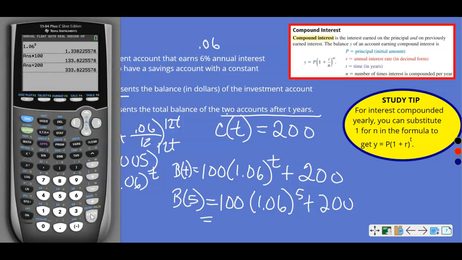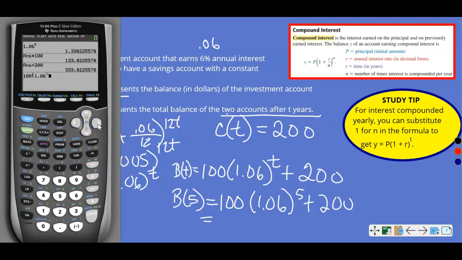All right, so it says $333.83. All right, let's see if I type the whole thing in, let's see if it gives me the same answer. 100 times 1.06 raised to the 5th power.